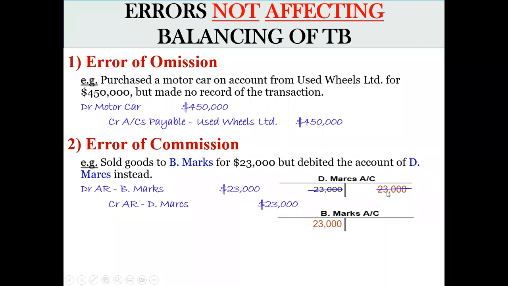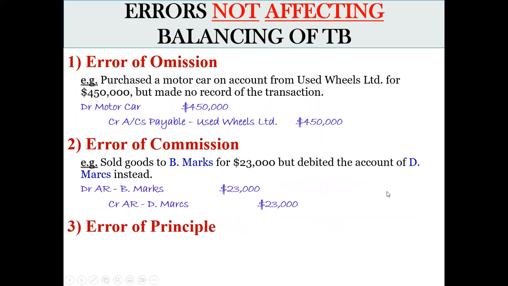Let's take another error. Error of principle. And accounting students always make this error, where you put the amount in the wrong class of account.